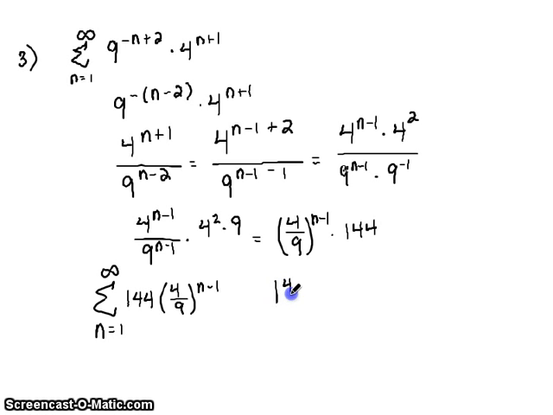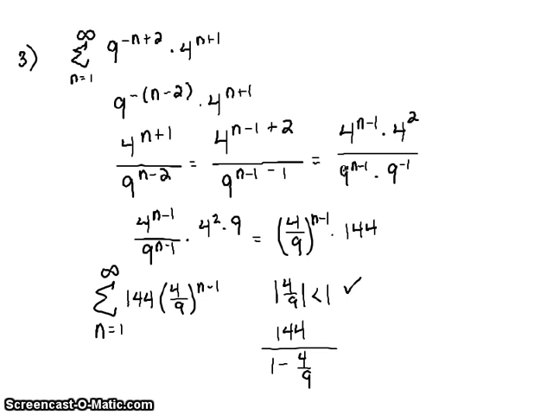The absolute value of 4/9 is less than 1, so this will converge, and it's going to converge to whatever 144 divided by 1 minus 4 ninths is. I'll leave that simplification up to you. But that's what AP is going to give you on a question like this. You're going to have to manipulate your series and try to figure out how to write this as something to the n power or something to the n minus 1, depending on where your series starts.